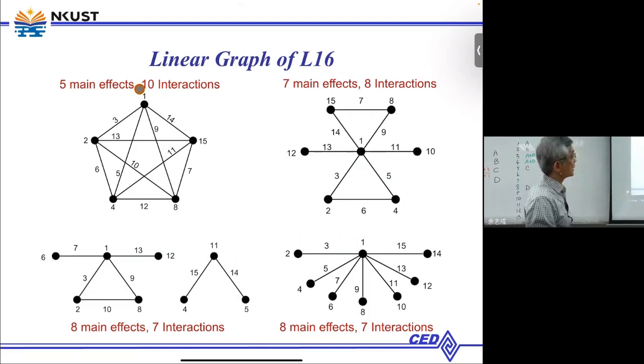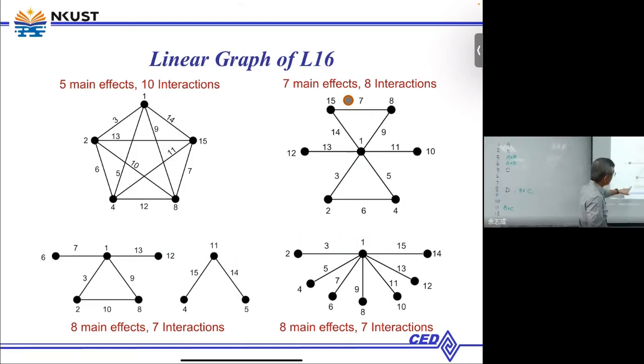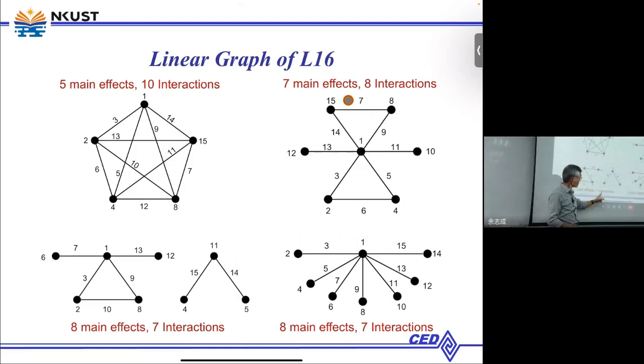Next, this linear graph has more dots. It has 7 dots, so it allows you to analyze 7 main effects and 8 interactions. Not as many lines, but more dots. How about this one? 8 main effects, 7 lines.